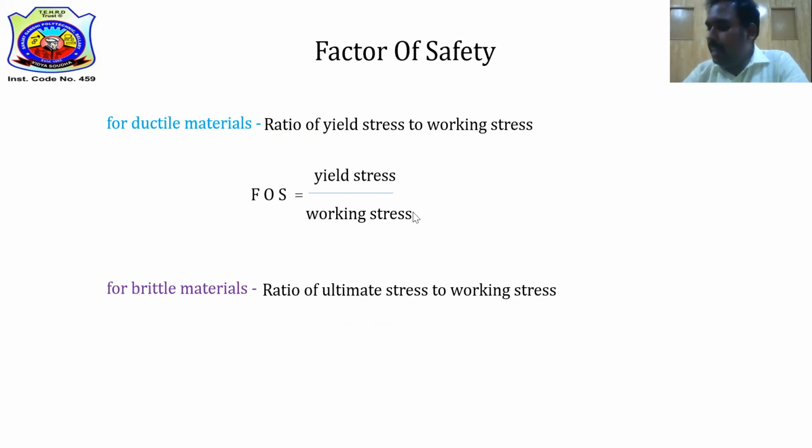Whereas in the case of brittle materials, it is the ratio of ultimate stress to working stress. In brittle materials there is negligible yielding, so we take ultimate stress as the reference. FOS is equal to ultimate stress divided by working stress.